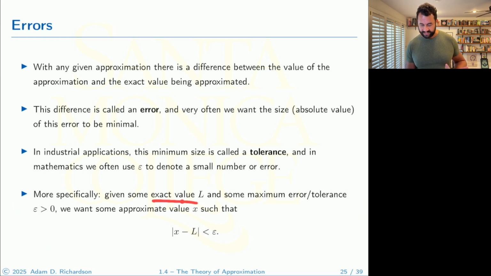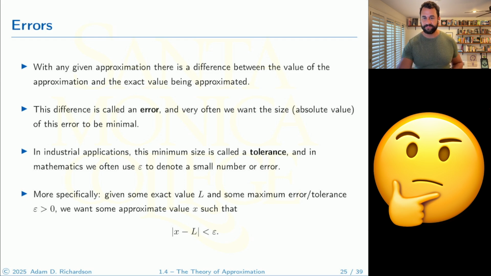If we have some exact value L and some maximum error or tolerance epsilon, which is some positive number, then we want some approximate value x such that the distance between the approximation and the exact value is less than the tolerance. Okay? Now, I want you to ruminate on this for a minute. So just think about what this says.